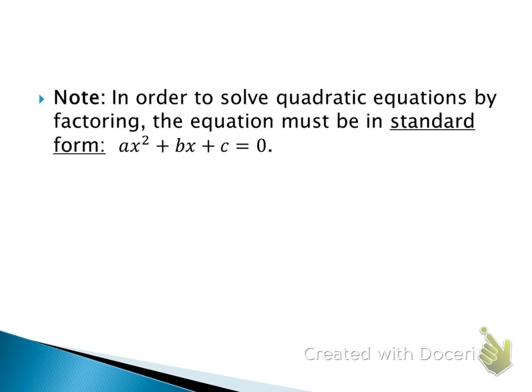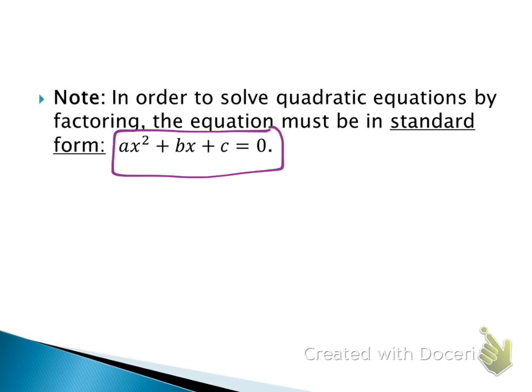Moving on. In order to solve quadratic equations by factoring, the equation must be in standard form. So fill in those blanks, standard form. And then also write down what standard form is. Standard form is ax squared plus bx plus c equals 0. So that's really important.